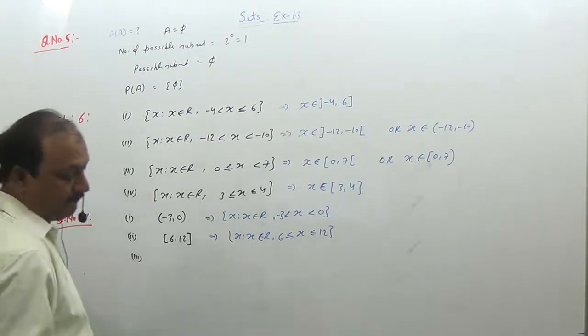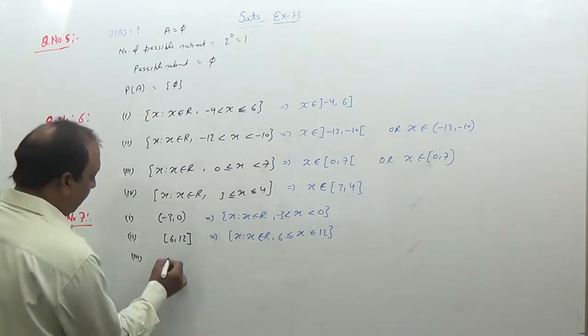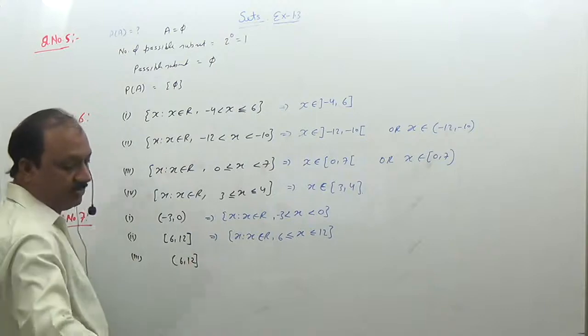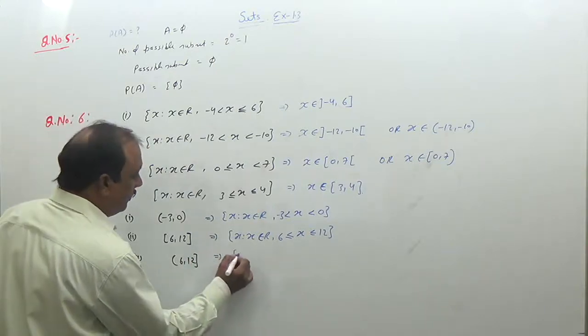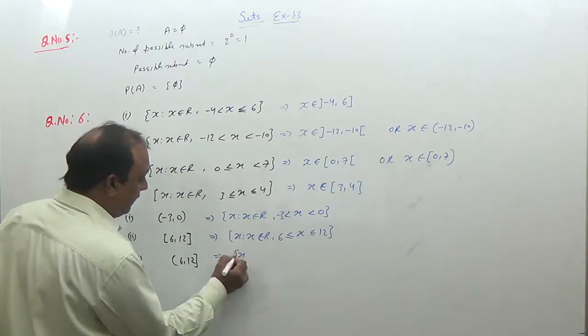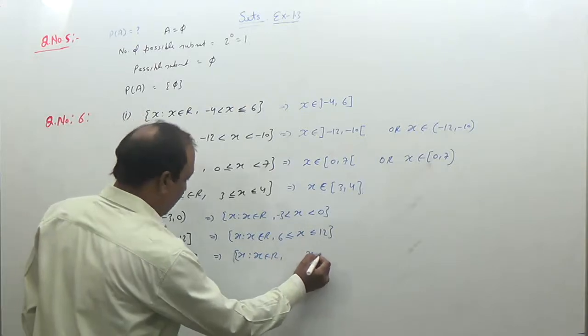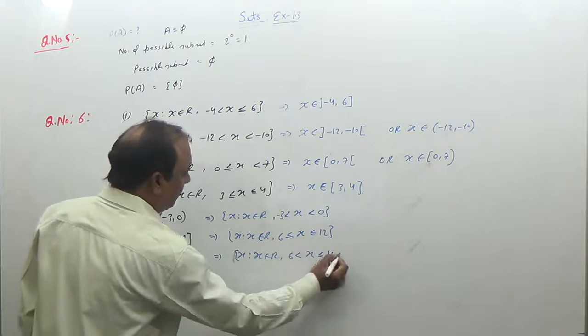Third one is the open-close interval 6 and 12. So write down its set builder form. There is a set of elements x such that x belongs to R, x is less than or equal to 12 and more than 6.